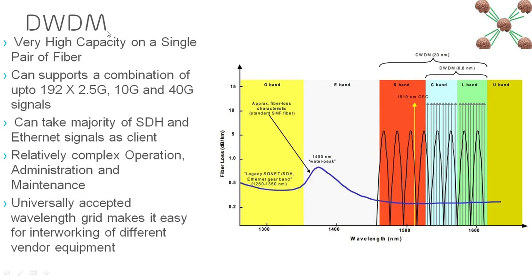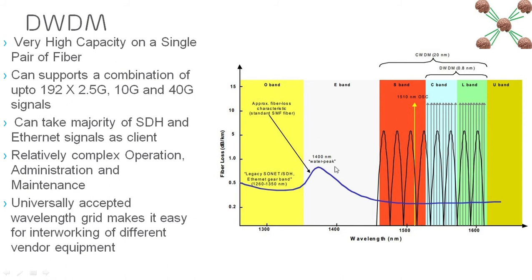The next technology, which is quite famous, is DWDM in long haul networks. When you connect between countries, or if it's a big country, then even between cities, you have a DWDM network, and then within the cities in the metro you can have CWDM networks. CWDM and DWDM are wavelength division multiplexing networks.